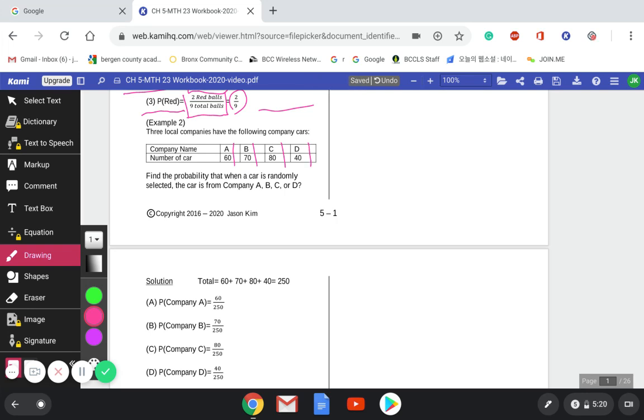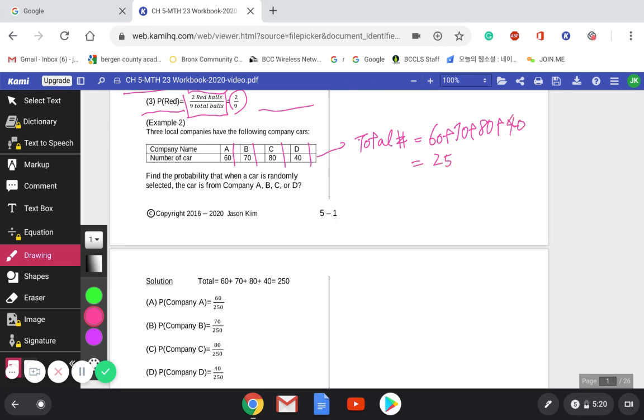So the total number of cars would be adding all these numbers: 60 plus 70 plus 80 plus 40 would be 250. So the total number would be 250.